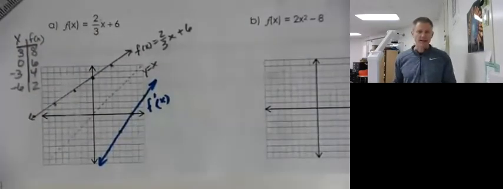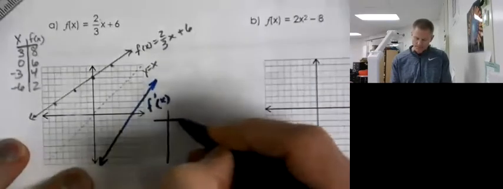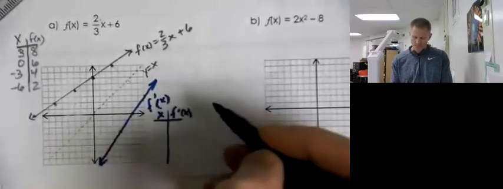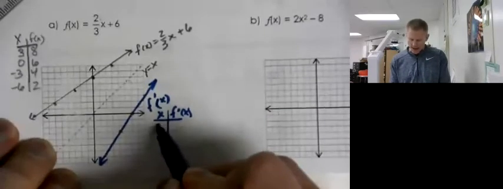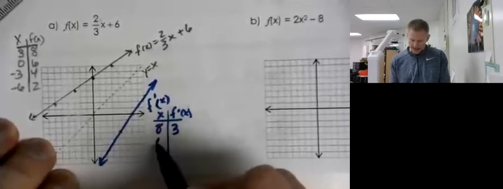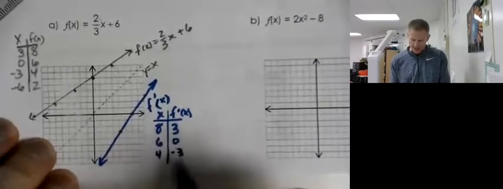So then clearly we could have made a table of the inverse. This would have been 8, 3, and 6, 0, 4, negative 3, and 2, negative 6.